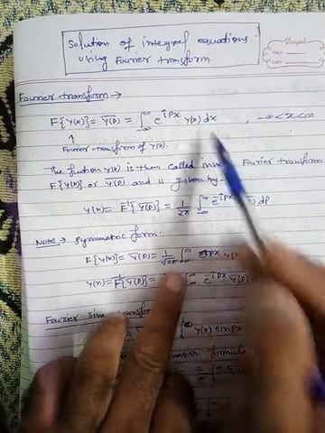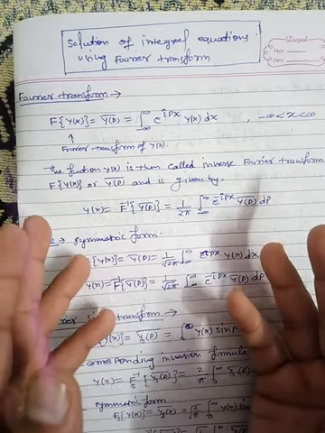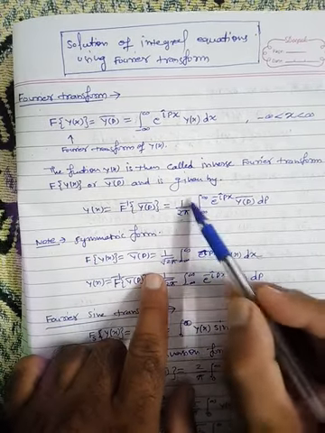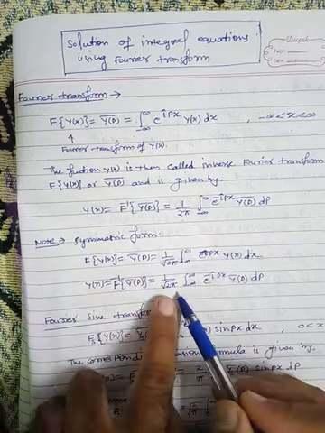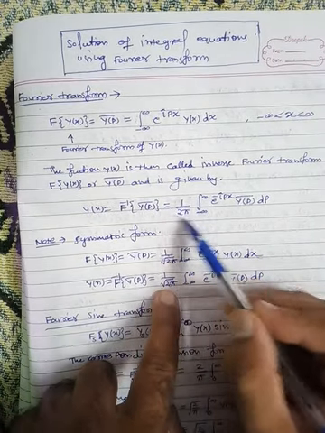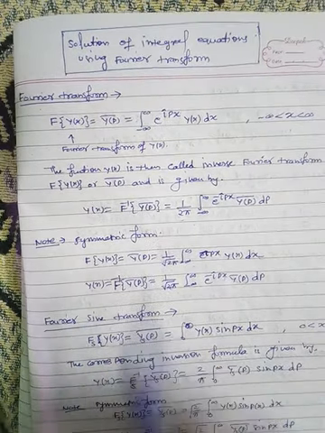This part is as it is, however this is bifurcated into two equal parts. So one part is with the Fourier transform and another part is with the inverse Fourier transform. If you take the product of these two, again you get 1 upon 2 pi. Okay, so this is called a symmetric form.